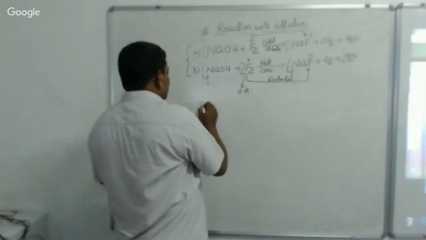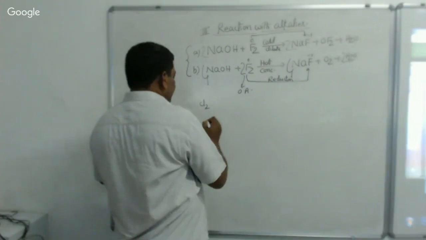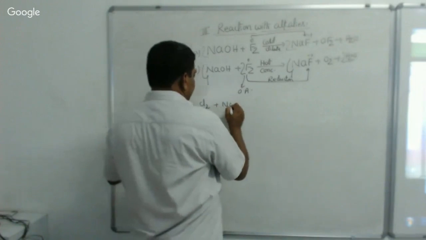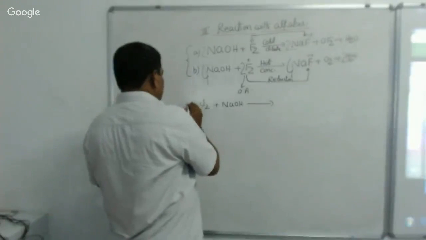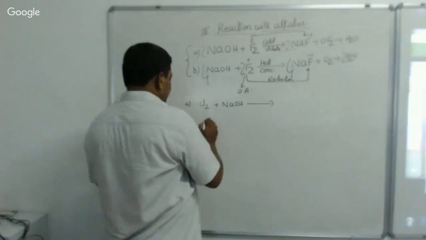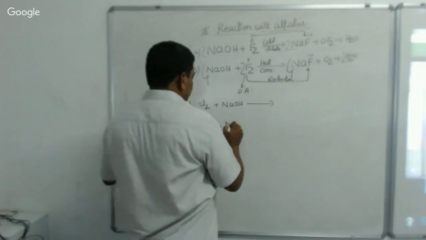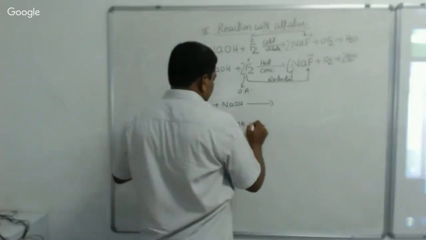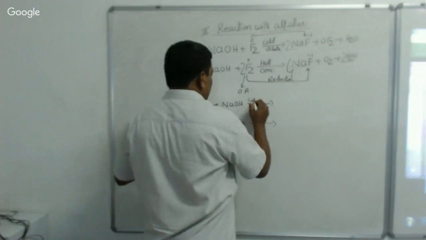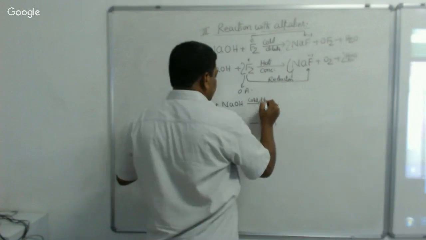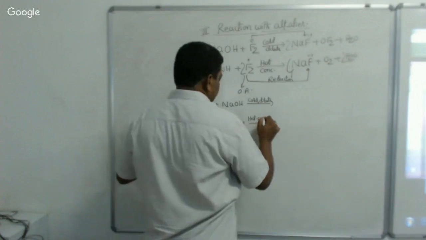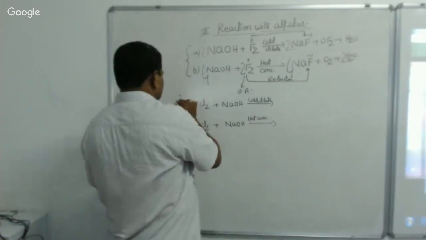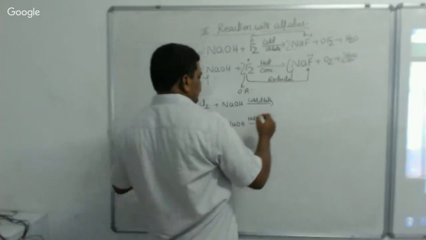Now chlorine, bromine and iodine react in different ways under these two conditions. One is cold dilute, the other is hot concentrated.